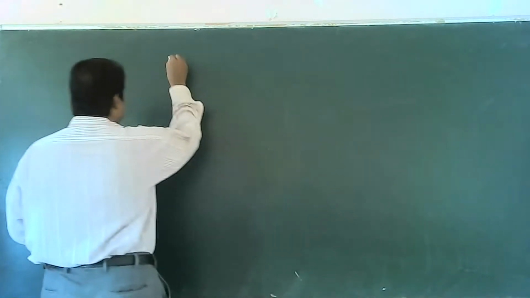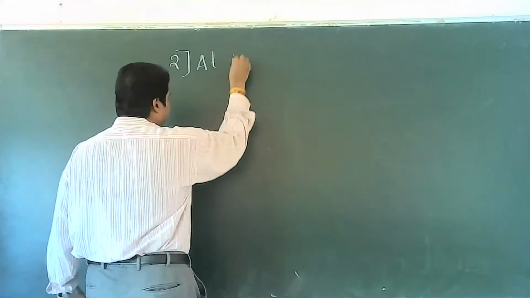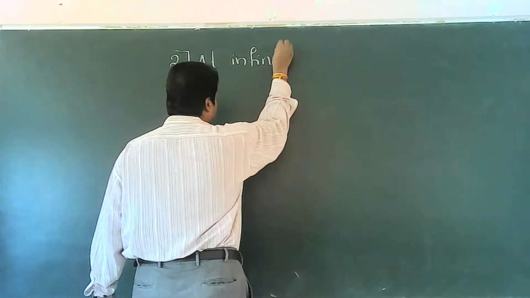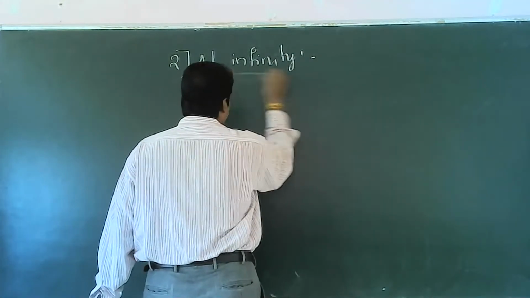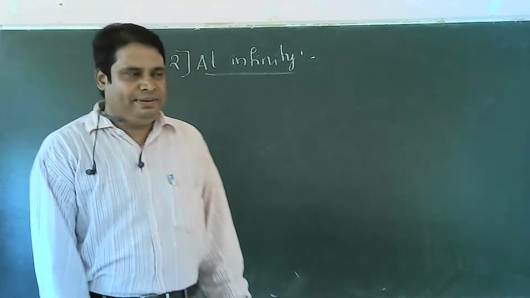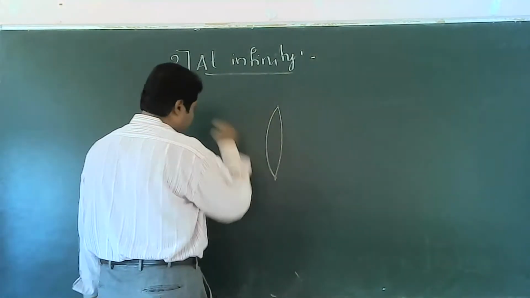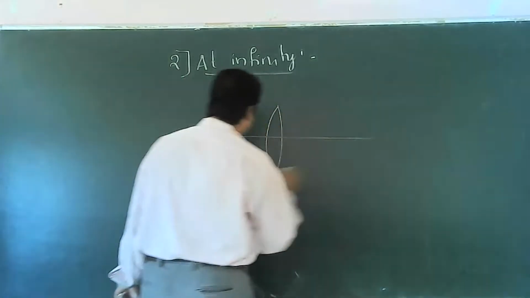Now, second case, let us consider the image formed at infinity. Same thing, let us consider a thin convex lens.